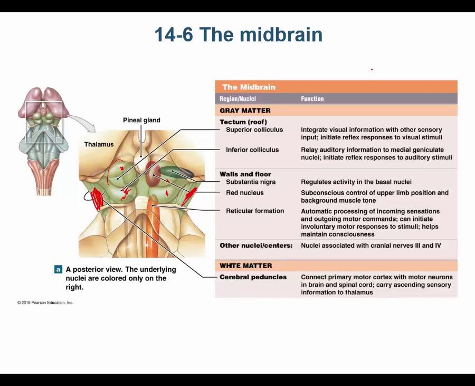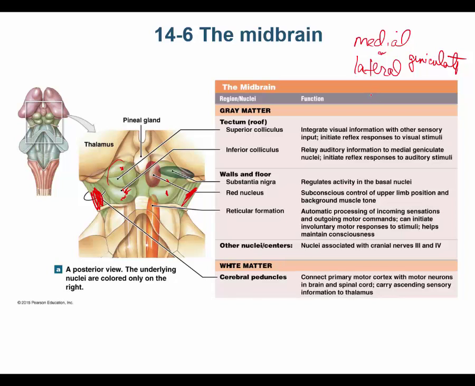Now, you probably remember back in the thalamus, I told you that there's a medial and lateral geniculate nucleus. Here's how I remember it. The eyes are medial to your ears, but the eyes don't go through the medial geniculate. They go through the lateral geniculate. I always remember that they go to the geniculates that are opposite of what they actually are.